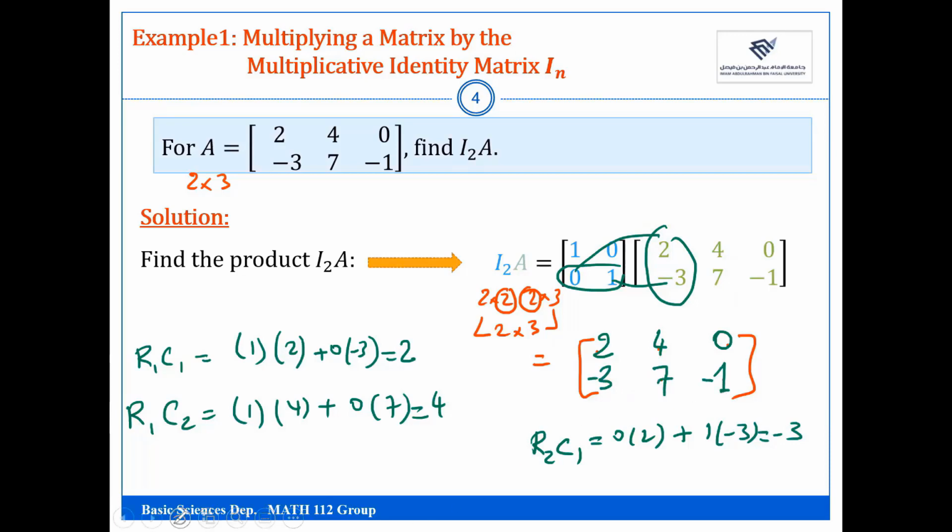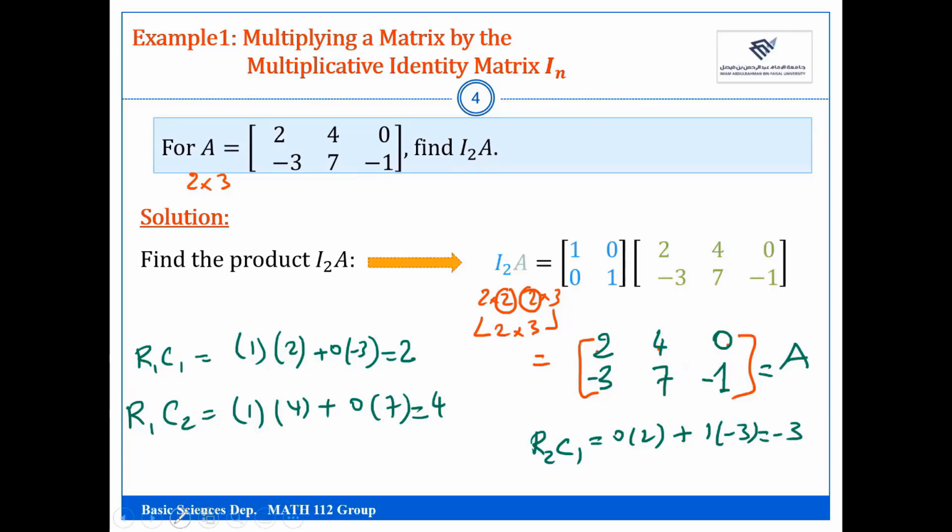So what is the result of the product of the identity matrix of order 2 by the matrix A? If we compare the result with A, what do you notice? The same matrix. It's exactly A.